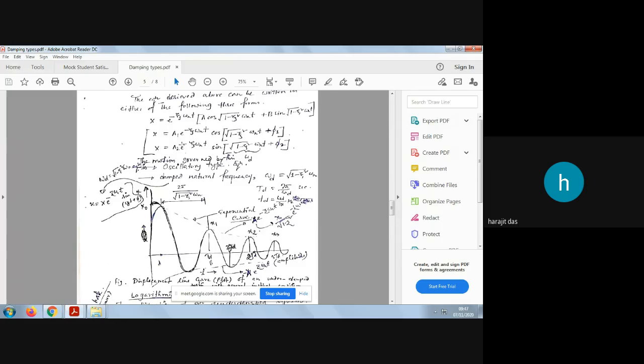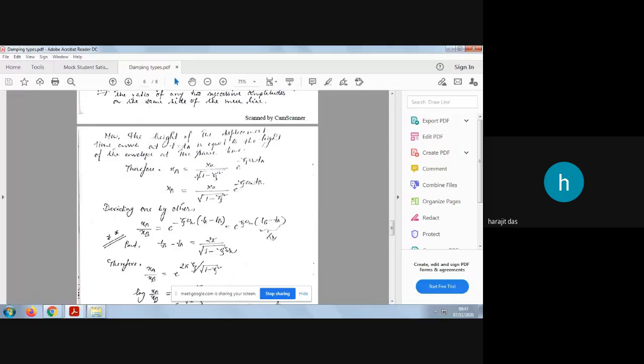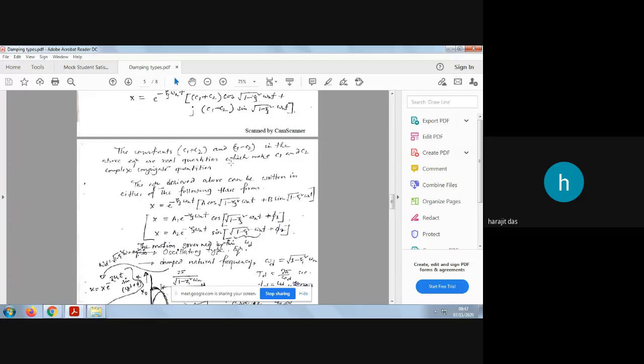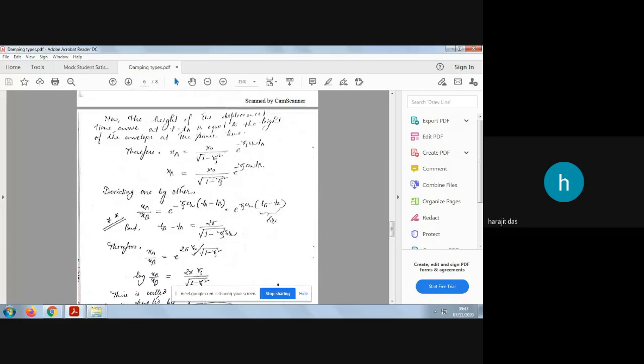It is written as x naught under root 1 minus zeta square e to the power minus zeta omega n ta. Similarly xb will be x naught under root 1 minus zeta square e to the power minus zeta omega n tb.